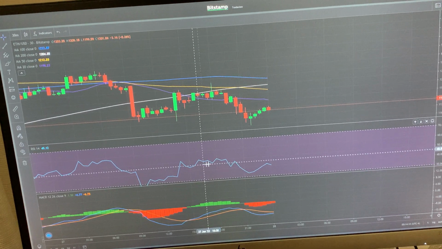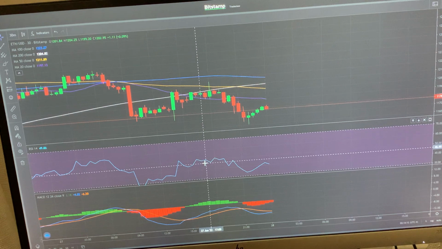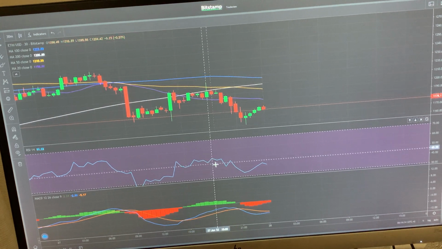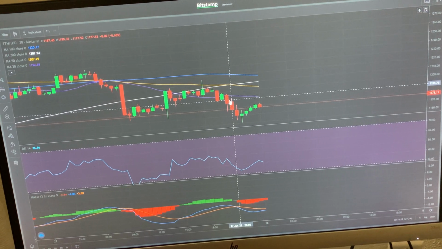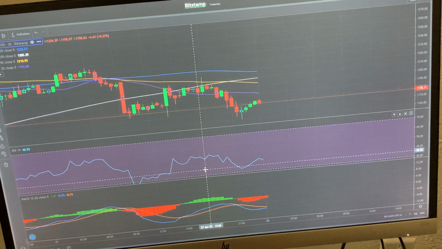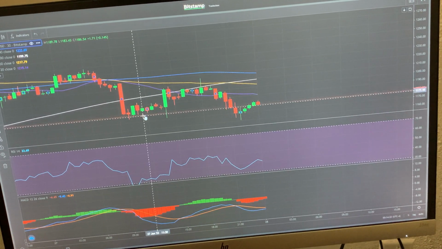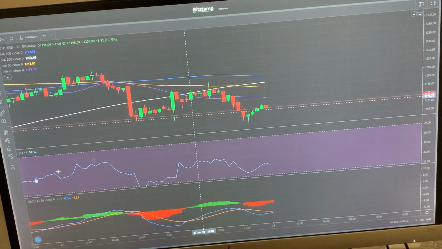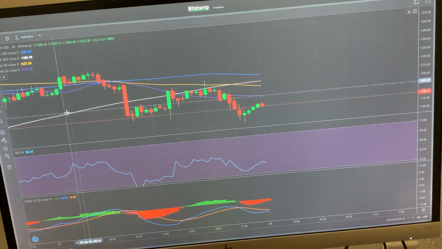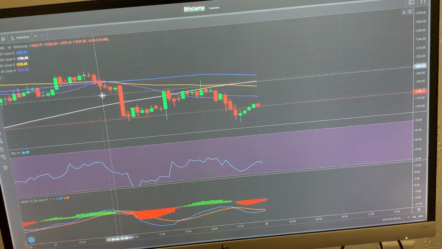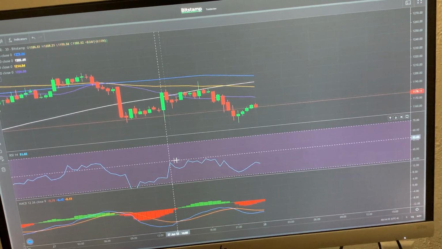You see how this line is moving to the right. The relative strength index, the RSI, is this transaction. You see this transaction here? The candles, they're the same.